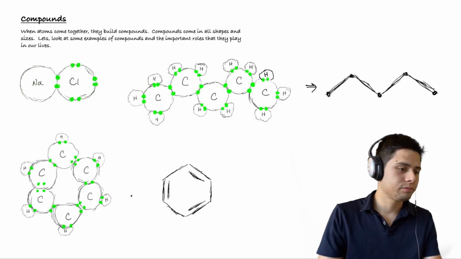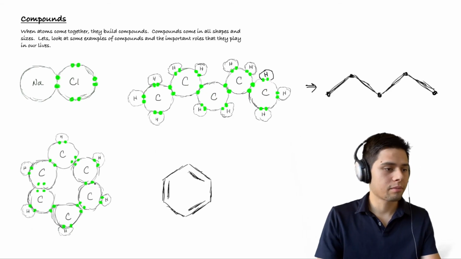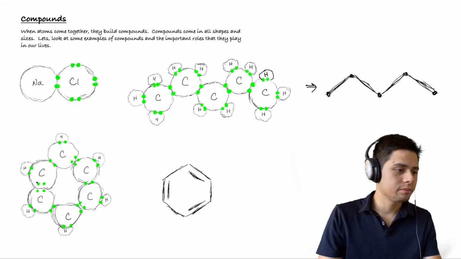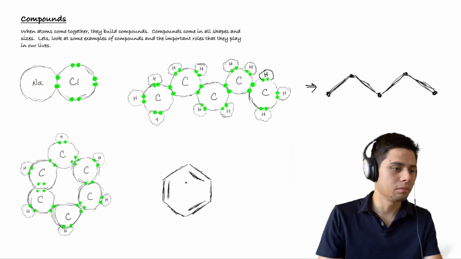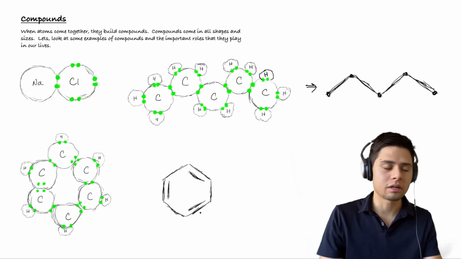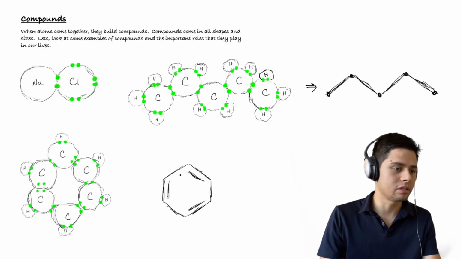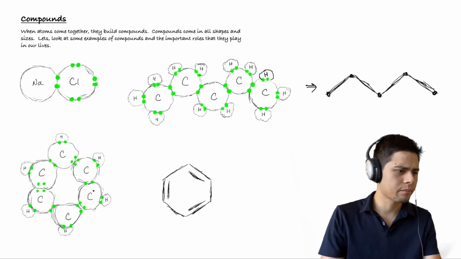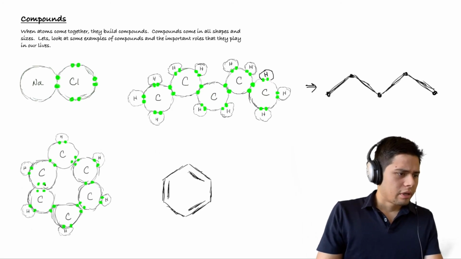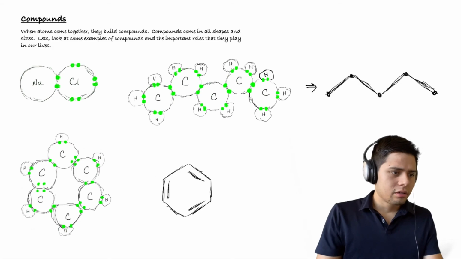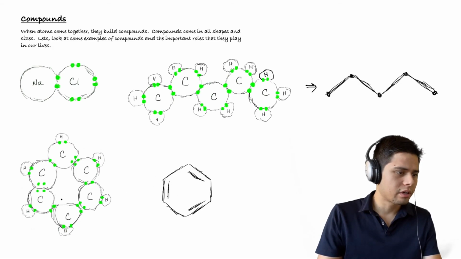Here I have something called benzene. These 2 diagrams are the same. And what I have here are double bonds. We'll get into the complexities of double bonds later. Here's a double bond, right here.